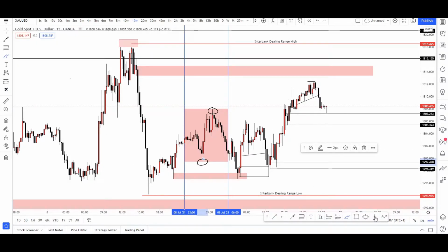till 12. So right here we got Sydney session, which is essentially when the algorithm resets and a new trading day starts. So when the day starts, price is going to be magnetized to liquidity pools, and the Asian range high and the Asian range low are essentially that, liquidity pools.